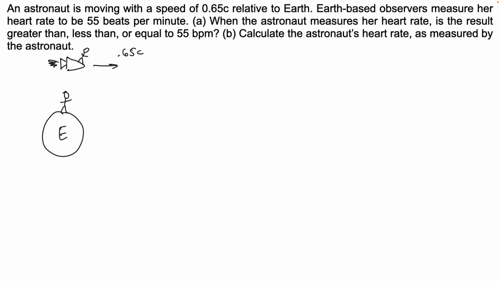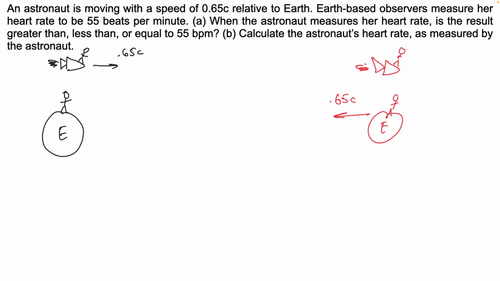That's the Earth. So if we drew it from the point of view of the astronaut, we would have the astronaut, and then Earth would be going that direction at 0.65 c.